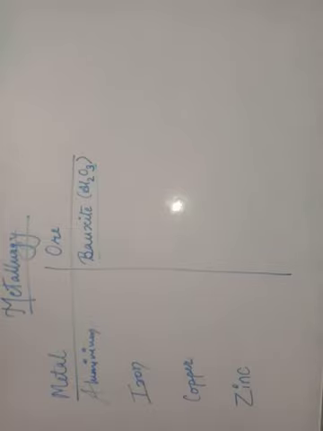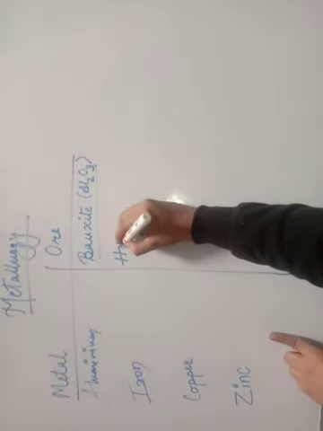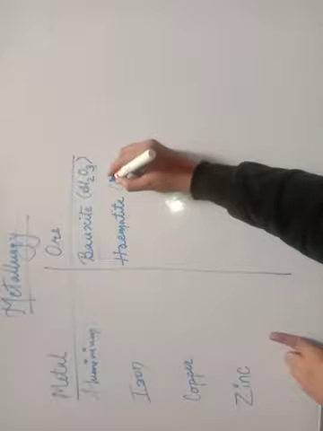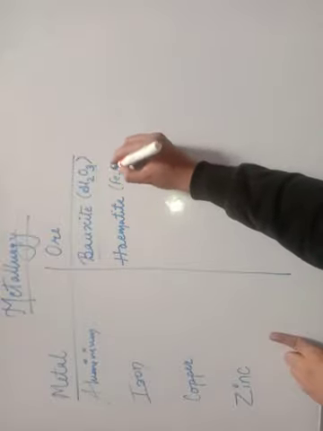Now there are many ores known for iron, like magnetite, hematite, iron pyrites. You should know two for this class. The first one is hematite. That is a very important ore of iron and its formula is Fe2O3.